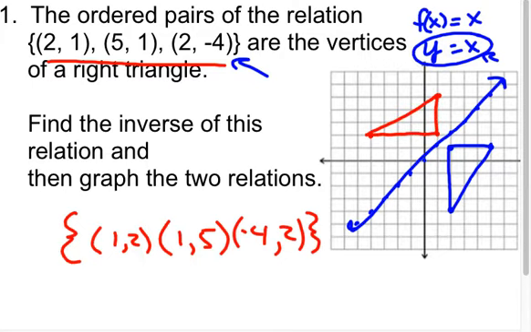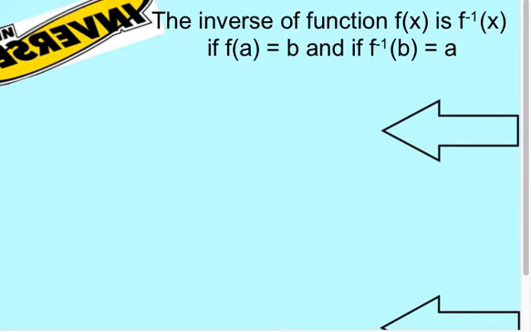There they are. If you take this triangle and flip it over the identity function, you get this triangle right here. It's the inverse function, or inverse relation, I guess you'd say. That's how inverses are related to each other.